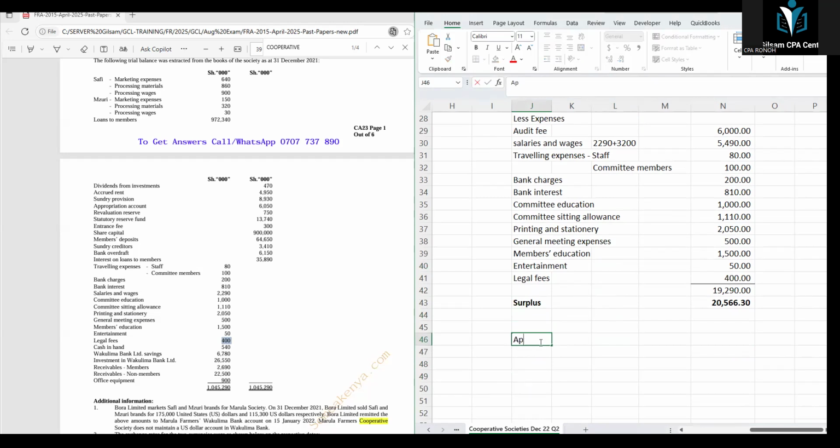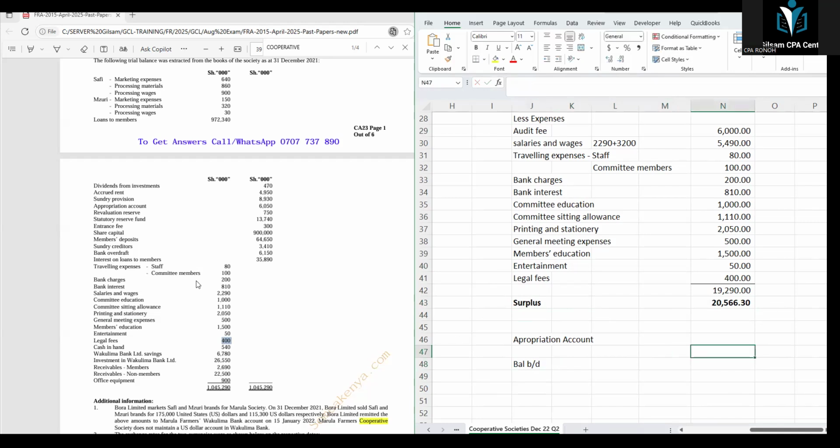Now we have appropriation. We write the appropriation account. So for the appropriation account, we take the balance brought forward first, as per the trial balance.